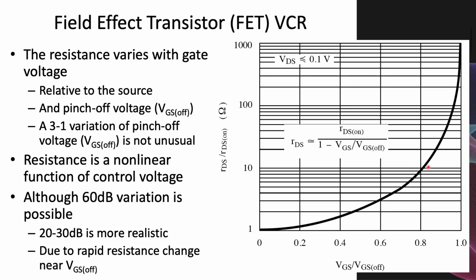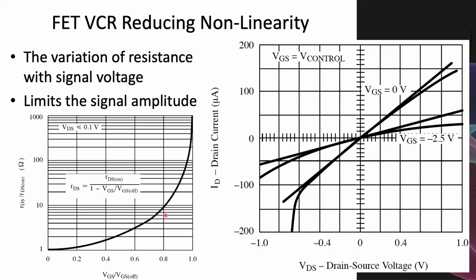I would suggest that from about 0.8 of the cutoff voltage to 0 is practical to do. Although in theory you can get 60 dB change, trying to do any control in this region is very difficult. And because it's a nonlinear function of control voltage, you tend to find these devices used in feedback configurations with compressors.